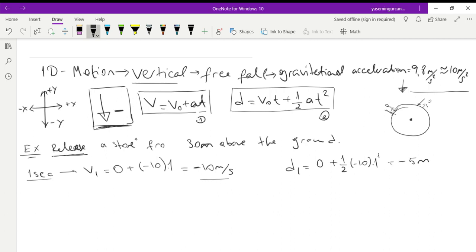What does it tell me? In this case, this is actually a displacement, not just a distance, so it's a vector as well, which we didn't talk about in that much detail. However, this minus, again, tells you that this object had moved in the downward direction. There is no distance that is negative.